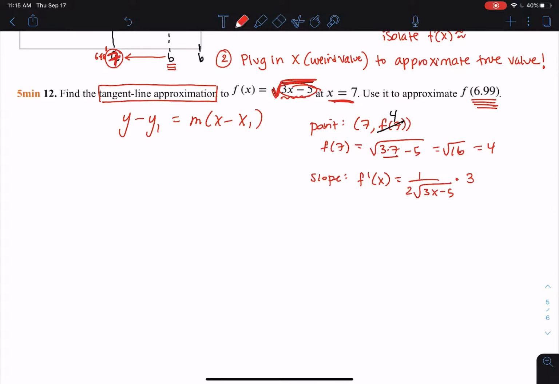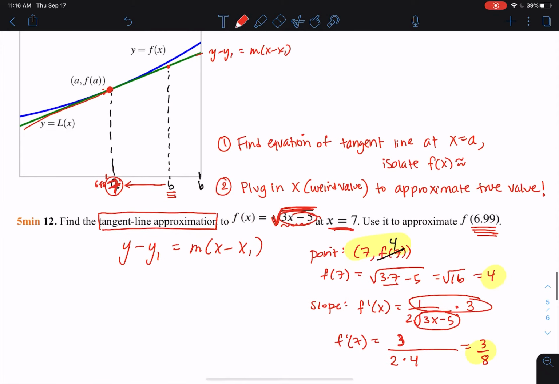Next, we want the slope at x equals 7. So we're finding f prime of 7, so I'll plug it in. That's going to be 3 on top over 2 times the square root of 3 times 7 minus 5, which we found out was 4. So our slope at 7 is 3 over 8. Now we found our point and our slope. We'll plug it in. We're getting the equation of the green line.